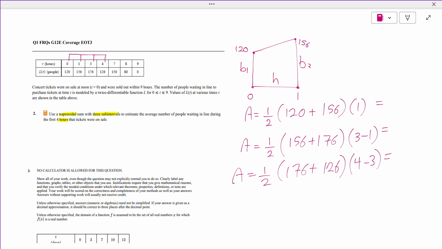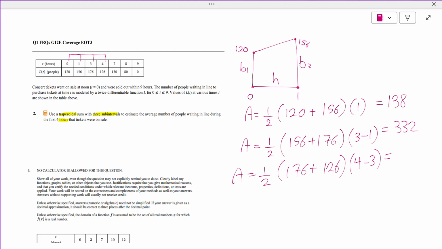So if we just evaluate them, the first one would be 120 plus 156, but you have to multiply it by half. The first one is 138. The second one would be 156 plus 176, that is 332, because 2 will be multiplied by half.